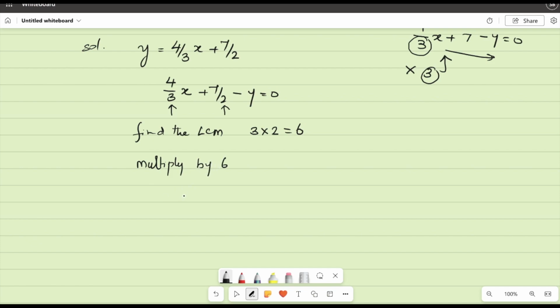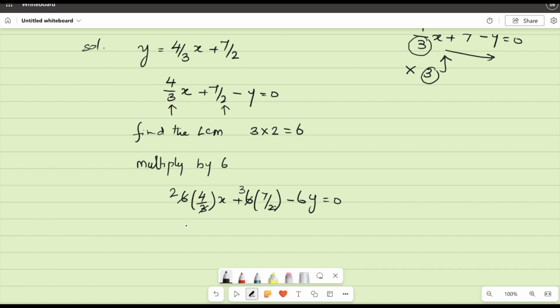We have here 6 times 4 by 3 x plus 6 times 7 by 2 minus 6 times y equals 0. So how many 3s in 6? 1 three is 3, so 2 threes are 6. Here 1 two is 2, so 3 twos are 6.